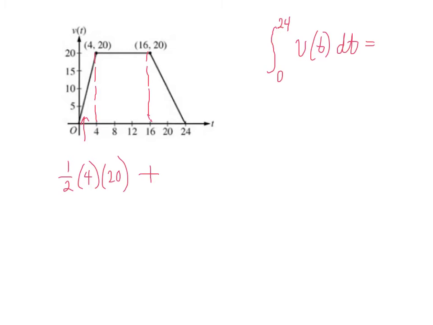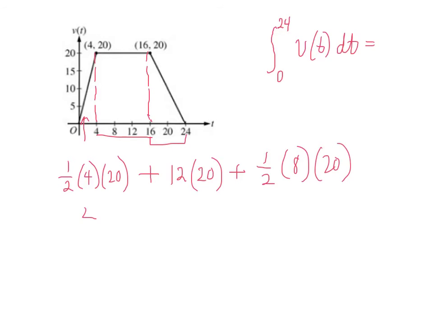Then I'm going to add to it this, which looks like a rectangle. So I have 12 this way, and then still 20 high, plus this is a triangle, so 1/2, from here to here is 8, and from there to there is 20.